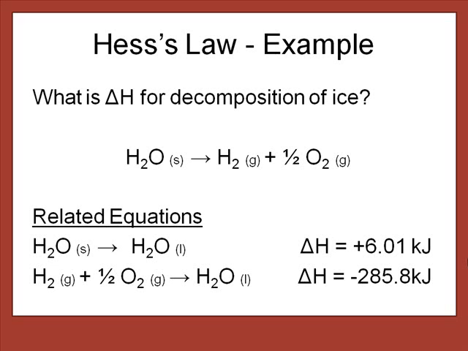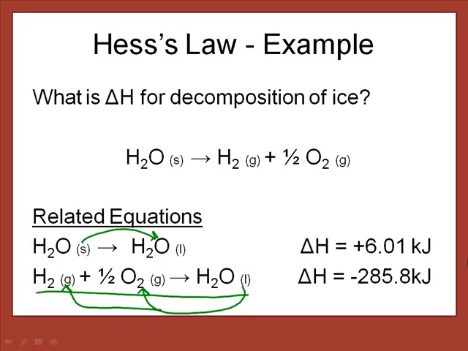So these are 2 related processes to what we're asking here, except it seems like this reaction is written backwards, because we want solid turning into liquid, but then we want that liquid turning into the gaseous elemental hydrogen and oxygen there.